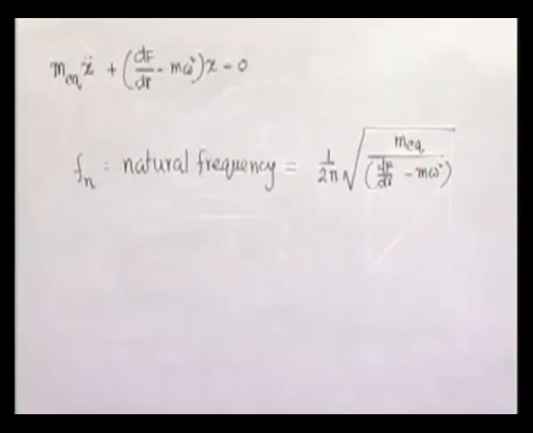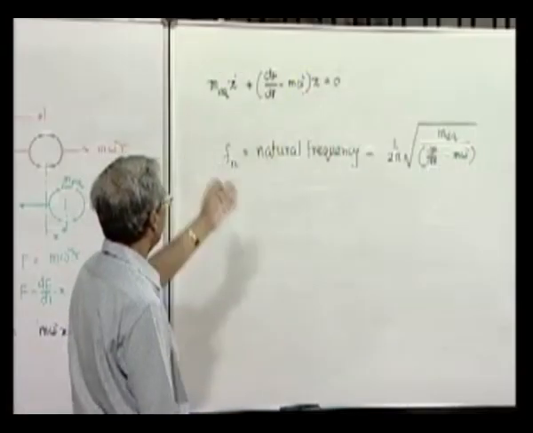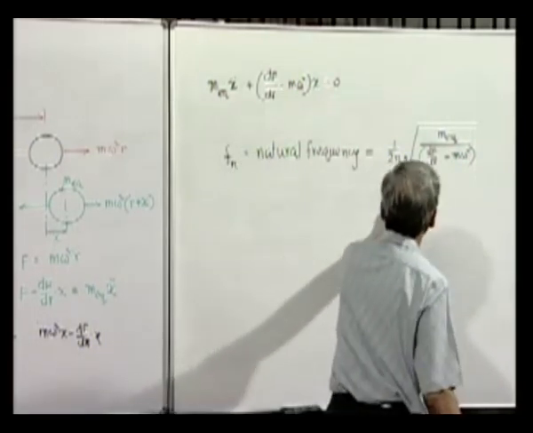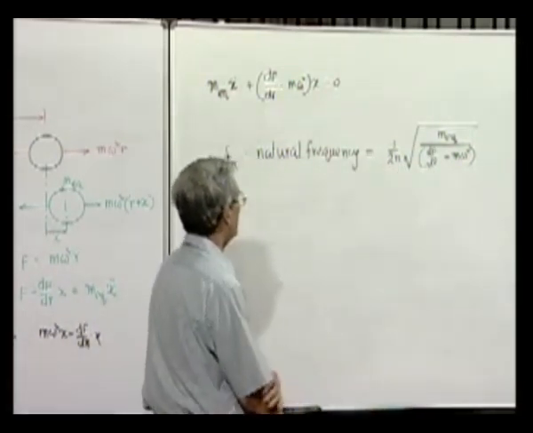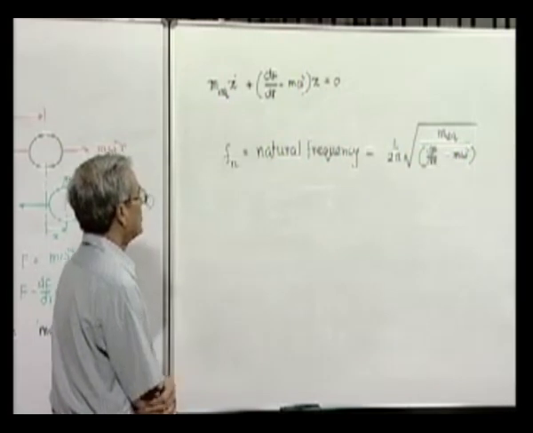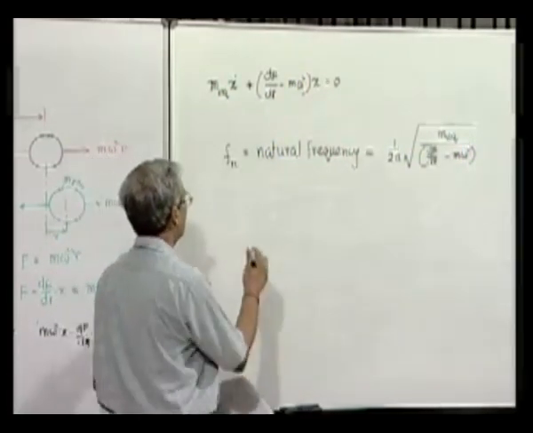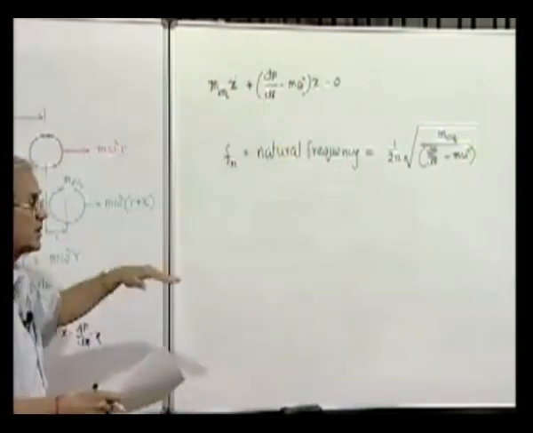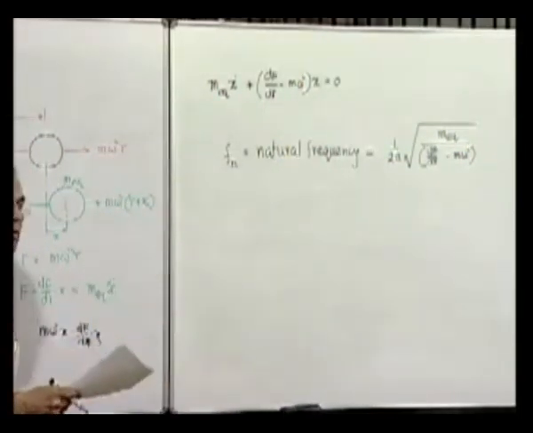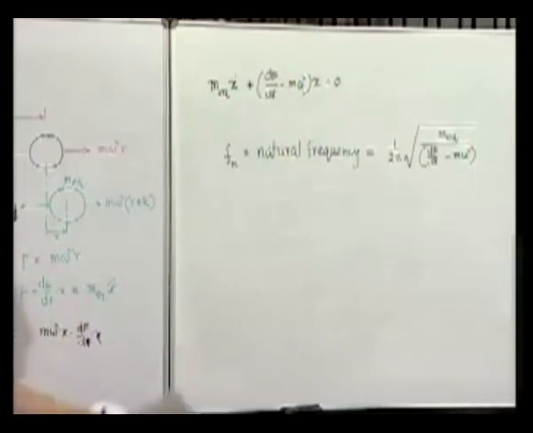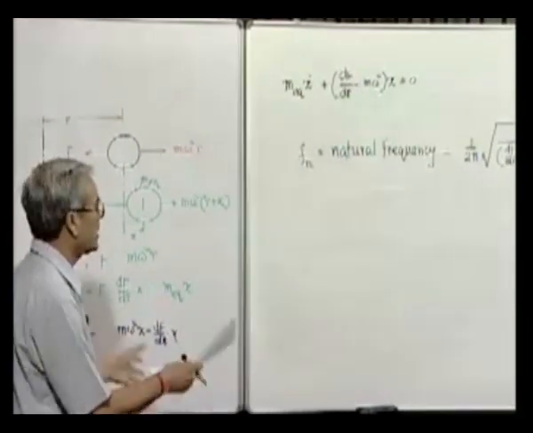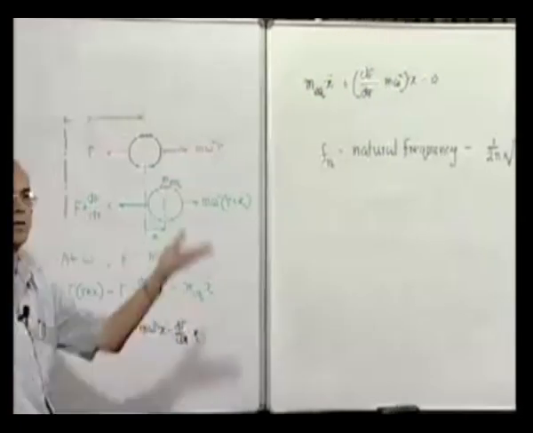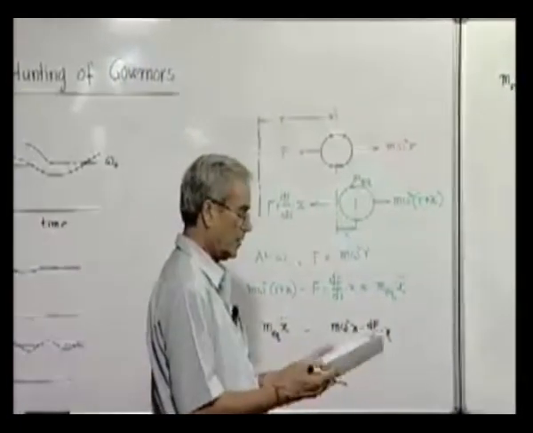So, this is a standard equation M x double dot plus kx equal to 0. So, the natural frequency is square root of k by M, which happens to be this, and natural frequency in hertz will be 1 divided by 2 pi multiplied. So, once this frequency becomes very close to the frequency with which the load fluctuates, then the whole system will undergo a resonance. That means the whole governor and the whole engine system will hunt or fluctuate in its speed and operation.